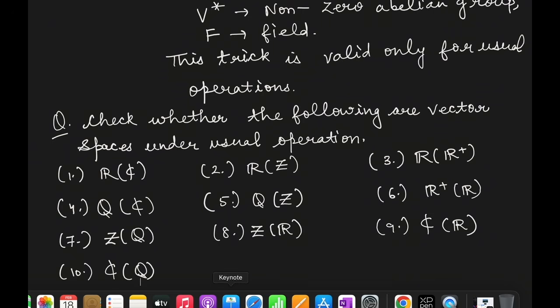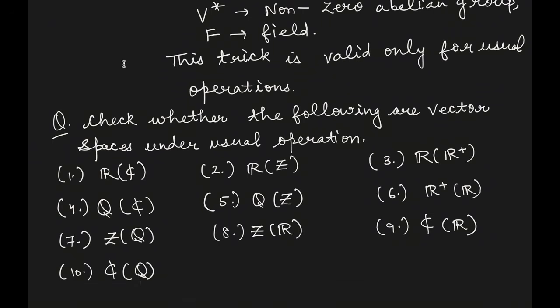In this case, the first option is wrong. Second is correct. Fifth is correct. And how 9, 10 one is second correct? How come second is correct? R cross Z will be a real number, Z is also real.